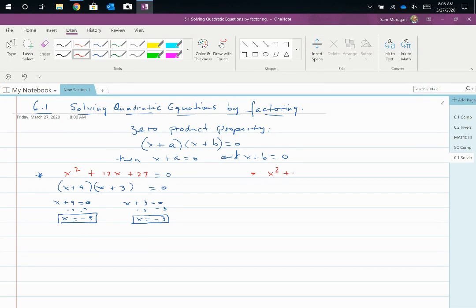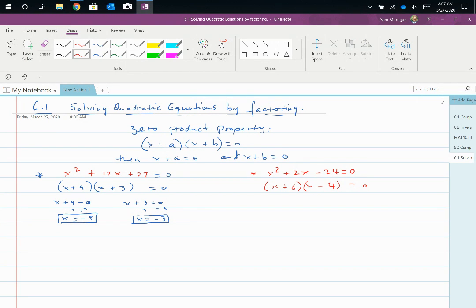x squared plus 2x minus 24 is equal to 0. So two numbers that multiply to give negative 24 and add to give positive 2: negative 4 and positive 6.